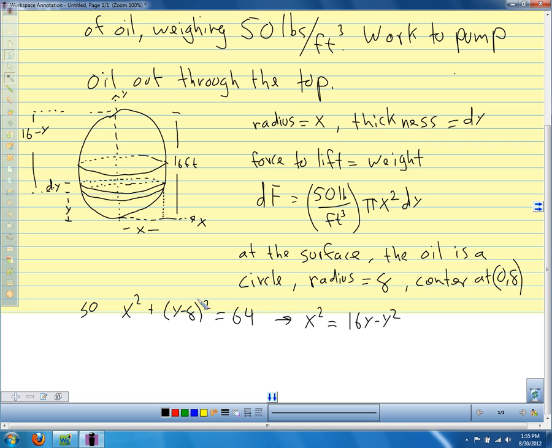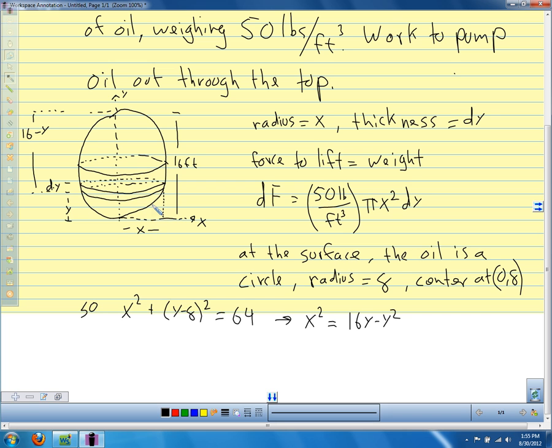I'm just going to expand this and subtract everything from 64, and I get x squared equals 16y minus y squared. My radius is squared here, so if I just leave this in terms of x squared, I can just substitute it right in here. So here's my expression for x in terms of y. This is going to hold throughout this sphere.